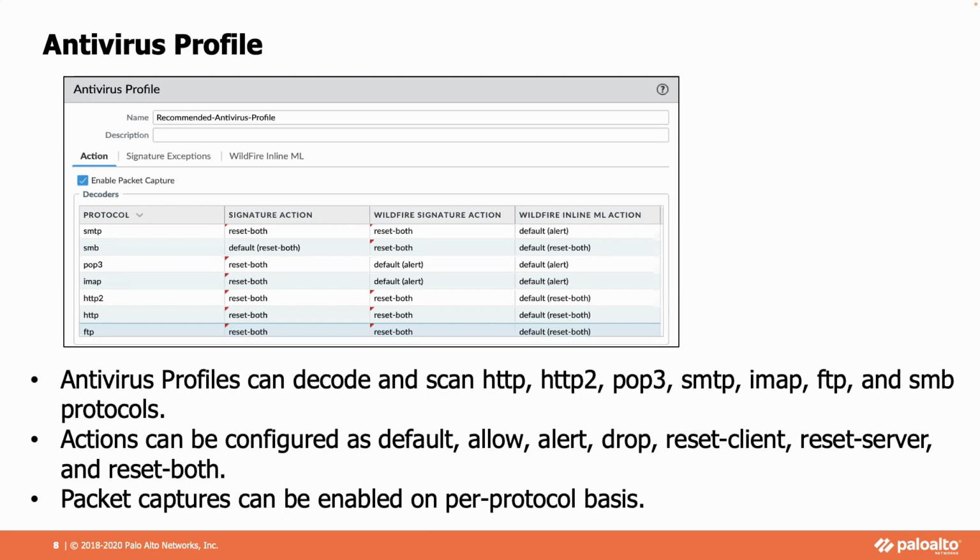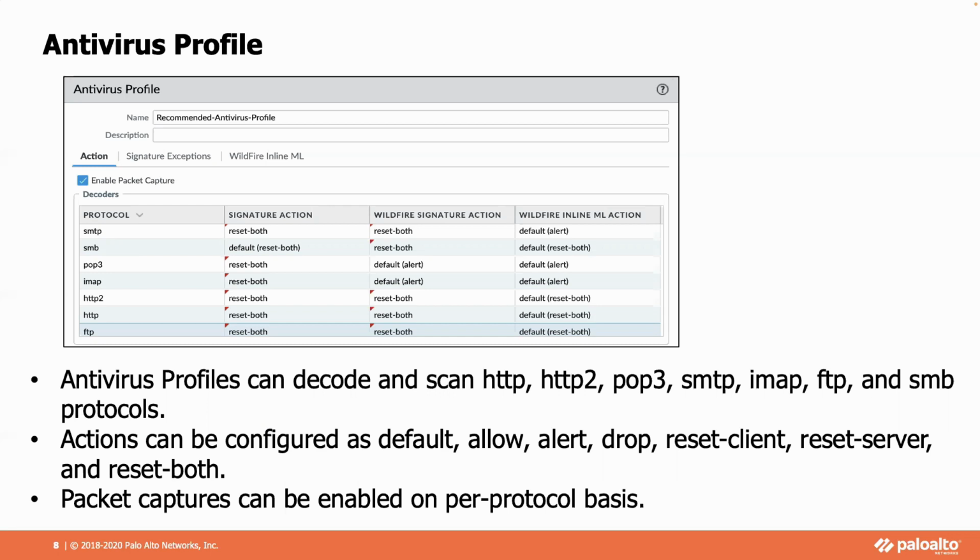It has different actions. All of our profiles have several different actions, so this would be true of all of them. There's a default behavior, which is what we would suggest we should do with that particular type of threat.